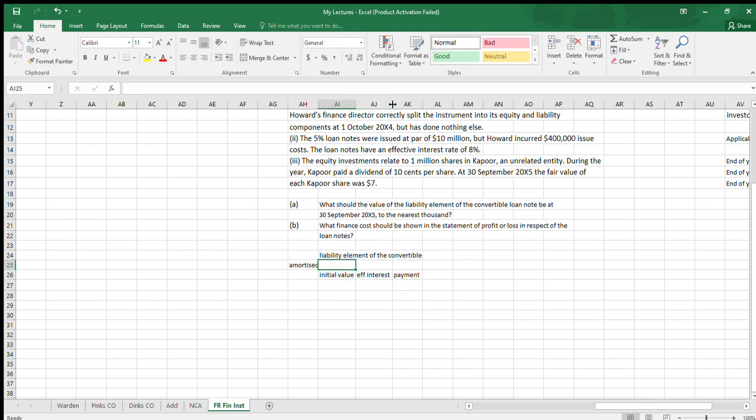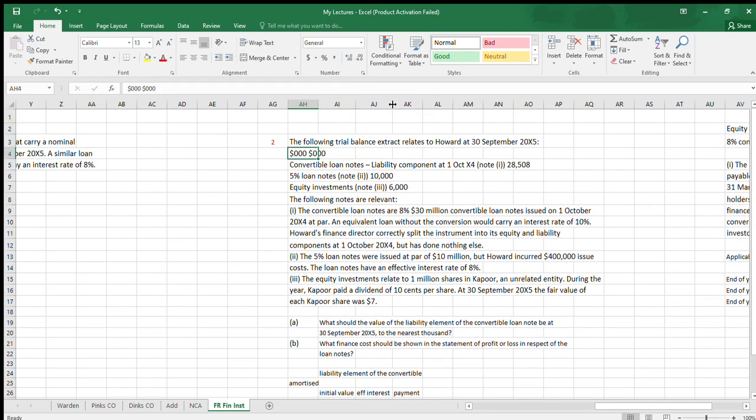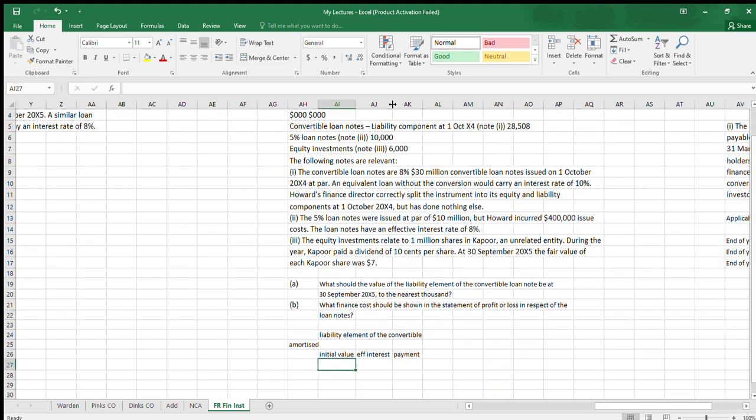So what is the initial value? Let's go to the question. Initial value, convertible loan note, liability component. Financial reporting is very simple and interesting. The question is saying that the convertible loan note liability component is 28,508. That's the initial value. 28,508.